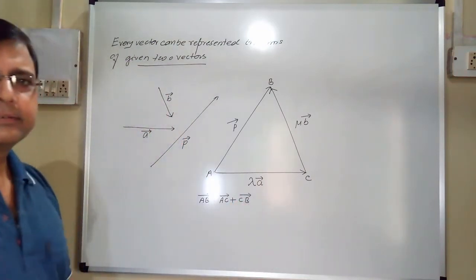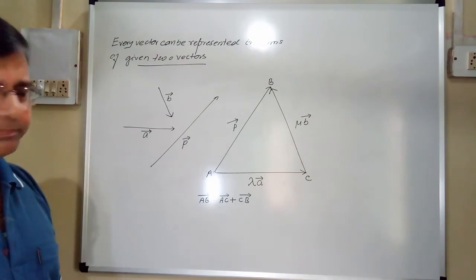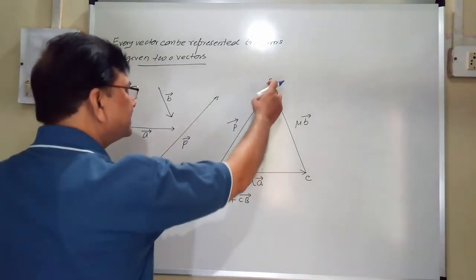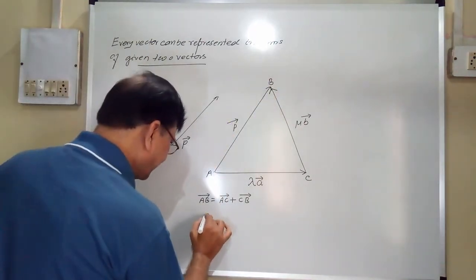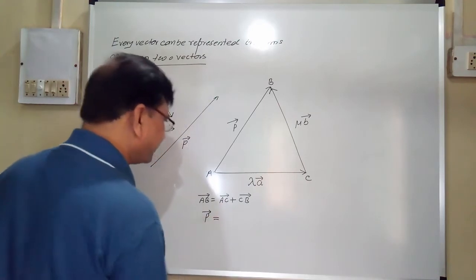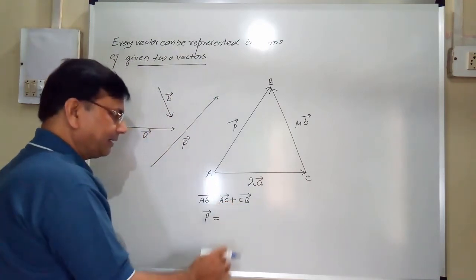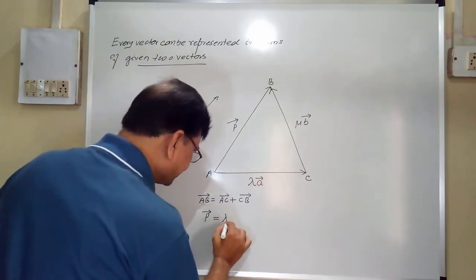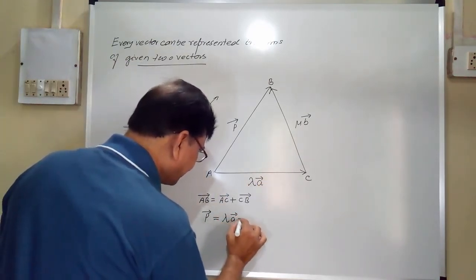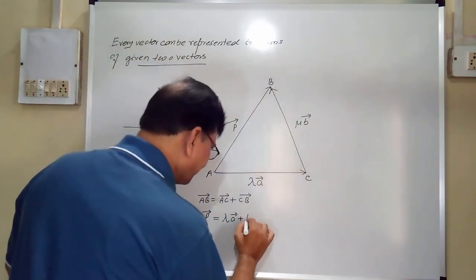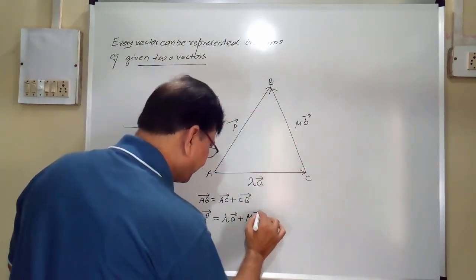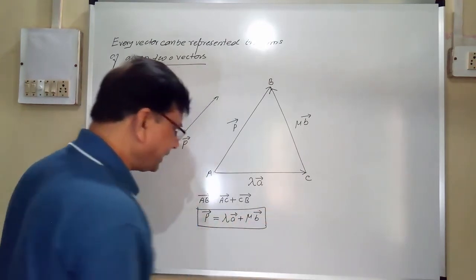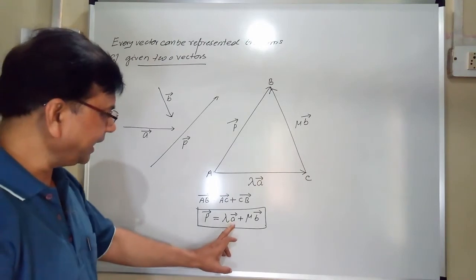Is it clear? It is the triangle law of vector addition. AB vector is P. It is vector P is equal to AC vector, means AC is lambda A, plus CB is mu B. It means this vector P is represented in terms of A and B.